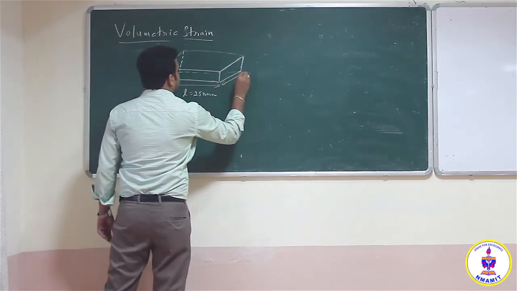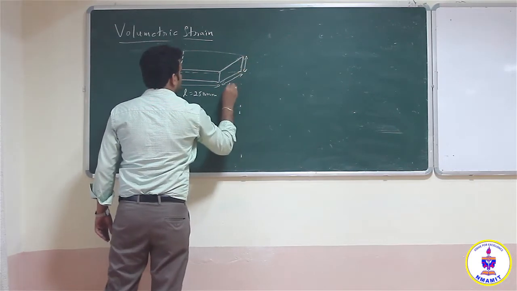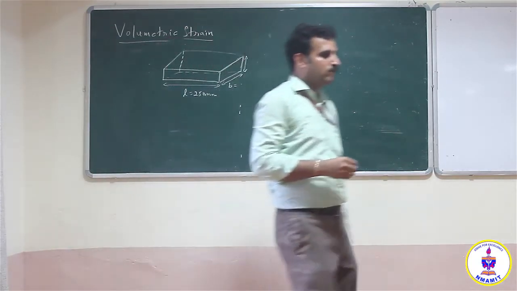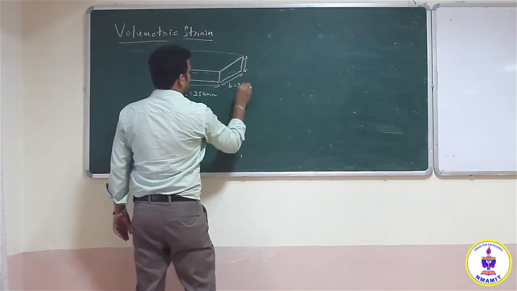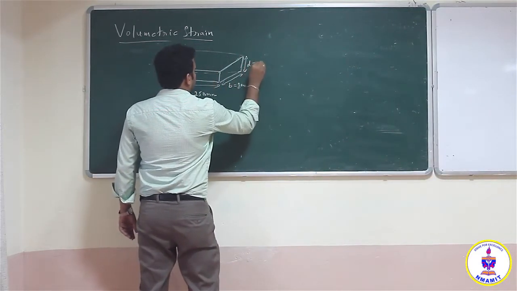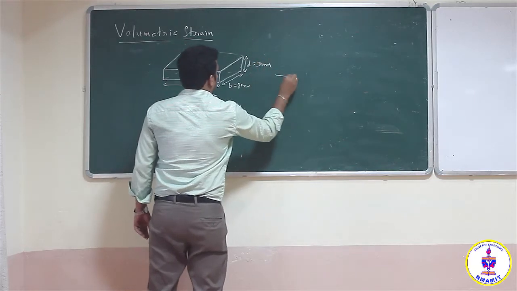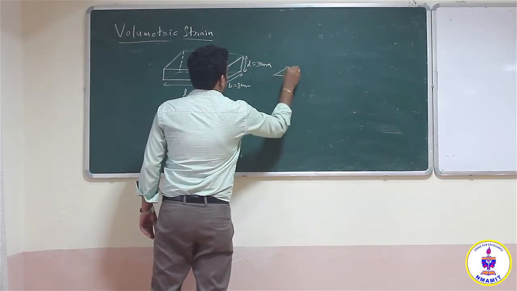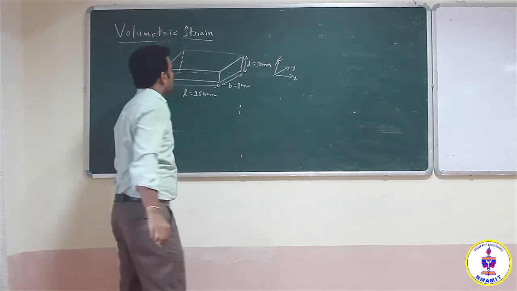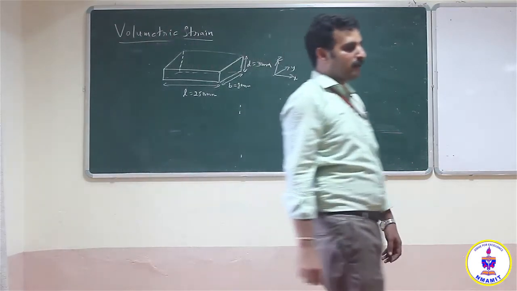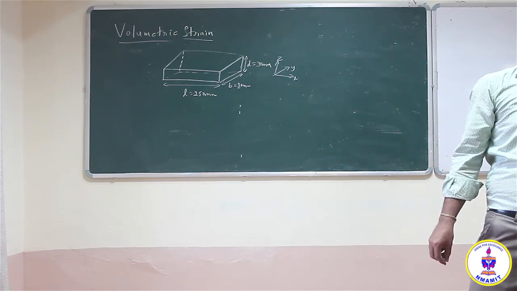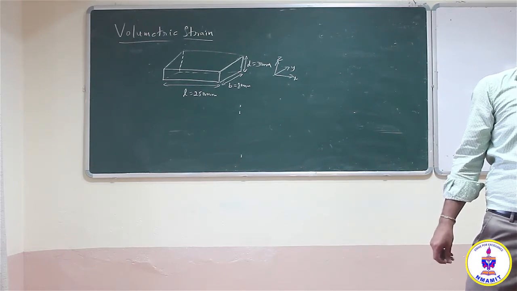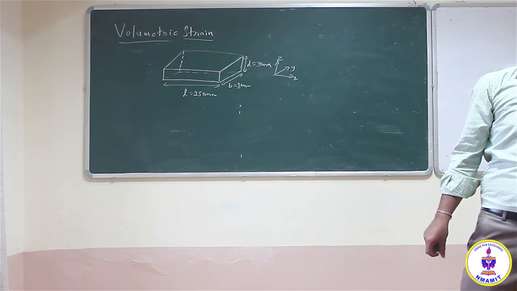Width is 80 mm and depth is 30 mm. Variation is along x, along y and along z. So they have given forces which are acting on these areas. So 20 kN, 30 kN and 15 kN.